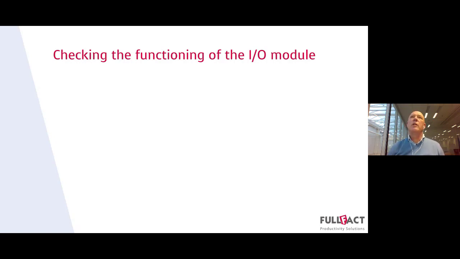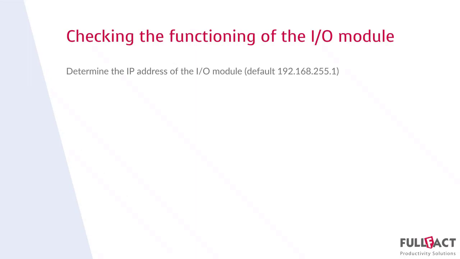First of all, determine the IP address of the I/O module. The IP address of the module is by default 192.168.2.5.1. We provide that as a default, but after it arrives at your location, your IT department will change that to a local IP address.